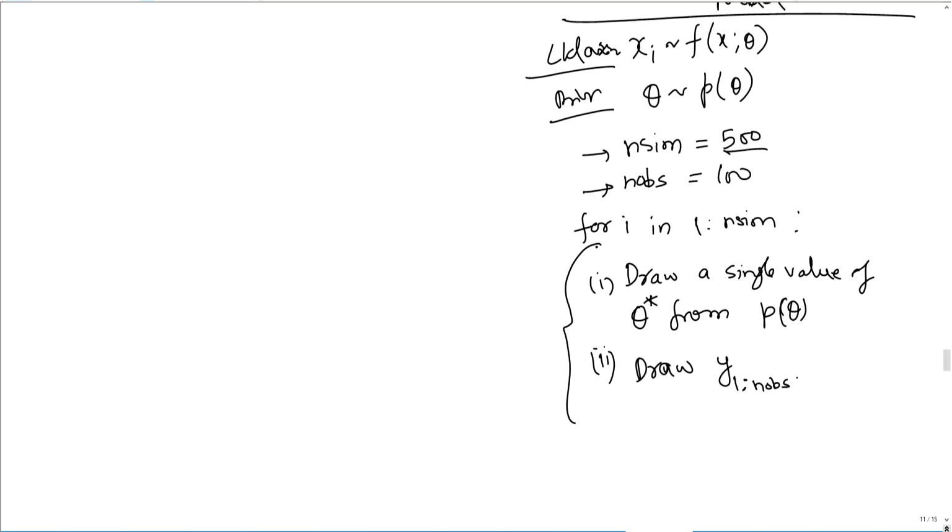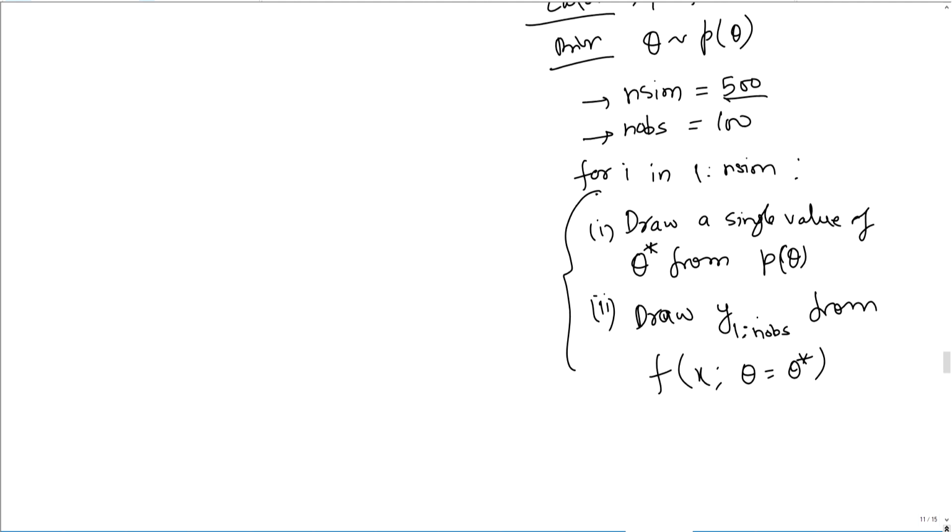So, n obs data points from f of x theta equals theta star, which is the point value that you have just drawn from your prior distribution, okay. So, you have drawn a value from the prior distribution and then you use it to generate n number of observations, okay. Fine.